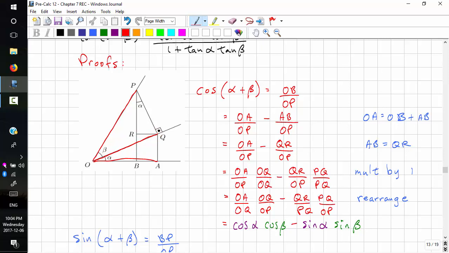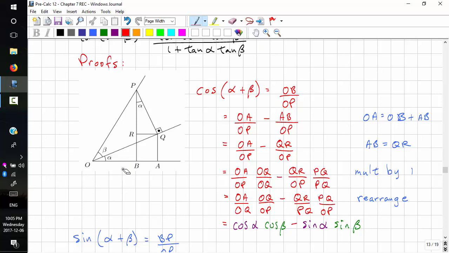And now we can see that we have OA over OQ. This is a cosine relationship. And if we look at OQ over OP, that's also a cosine relationship with angle beta. And this one's with angle alpha. So we have cos alpha times cos beta.